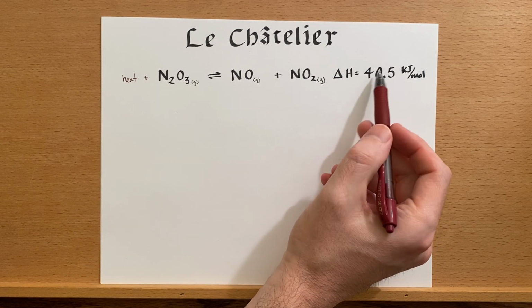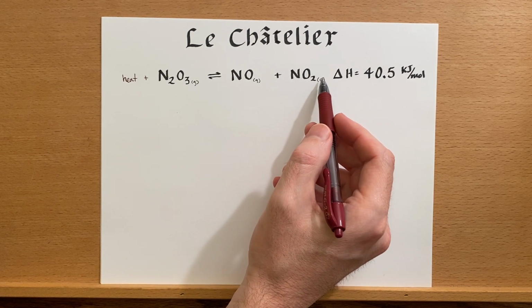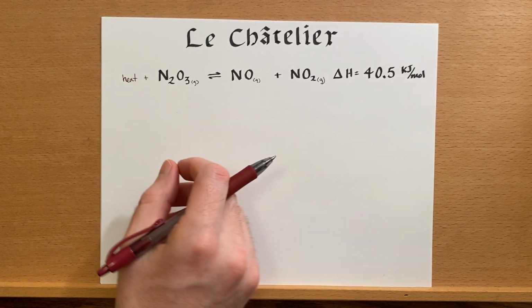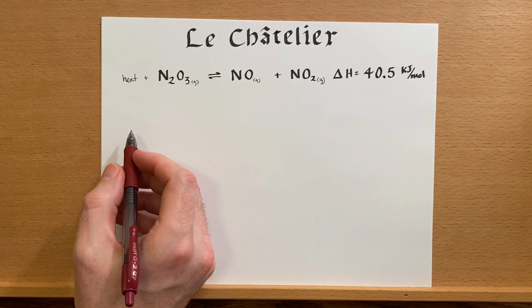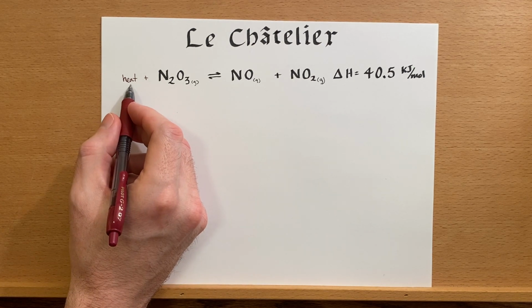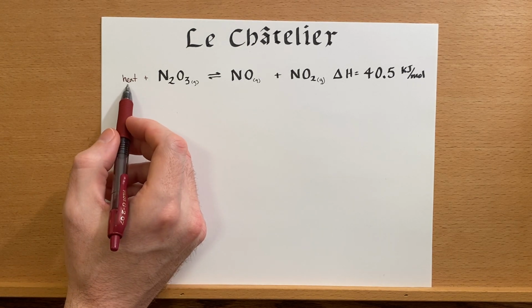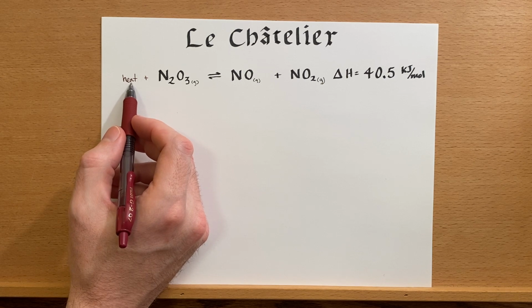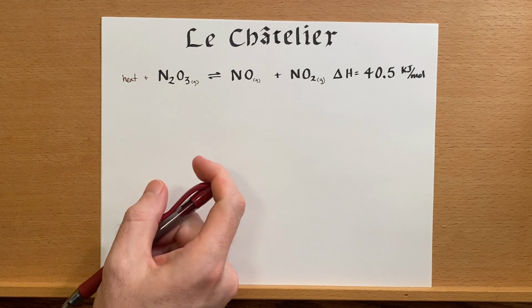If this was a negative number over here, I would have written heat over in the product side because it would be generating heat. But this reaction requires heat. And then I can say treat heat just like any other substance in the reaction. So you'll notice that heat is effectively a reactant. This reaction requires heat to go.